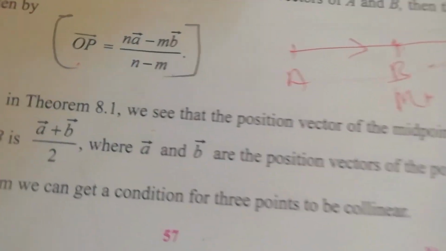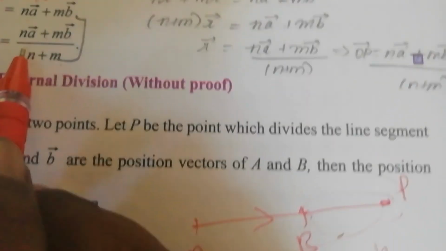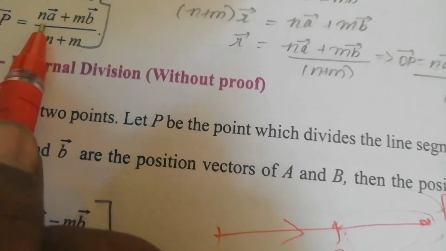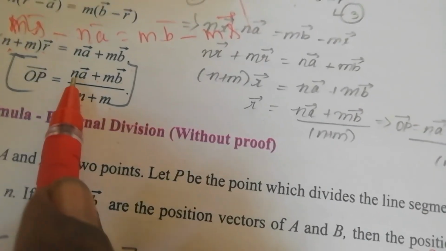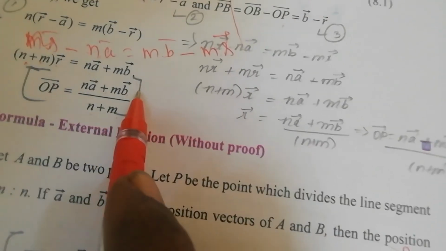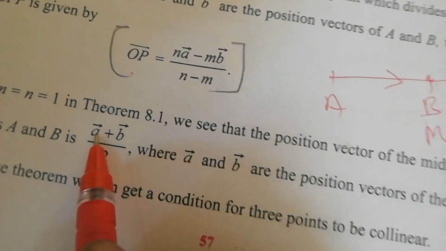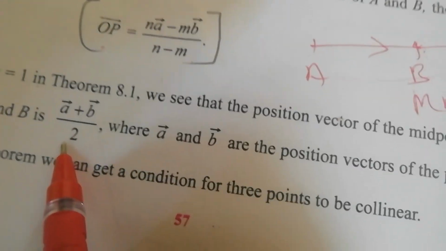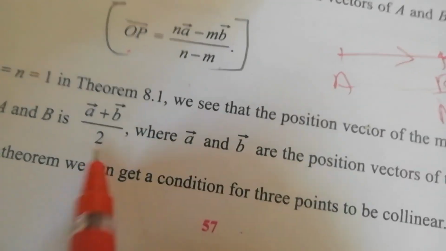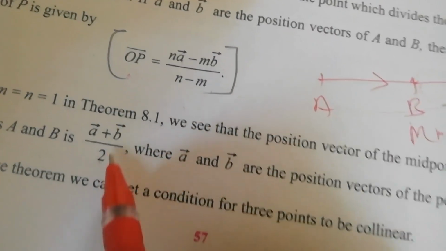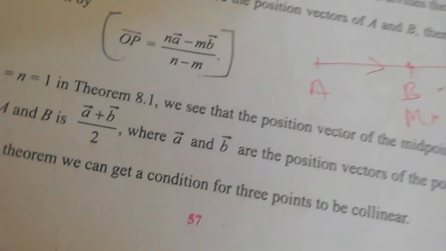That is N equal to M, M equal to N. Suppose you take 1, we can put it here. See, the midpoint is always in between A and B, so that is internal only. So 1 into A plus 1 into B divided by 1 plus 1. So the midpoint formula is A vector plus B vector divided by 2. What's the midpoint of AB? A vector plus B vector divided by 2. That's all. Thank you.